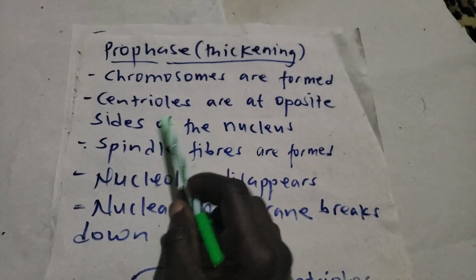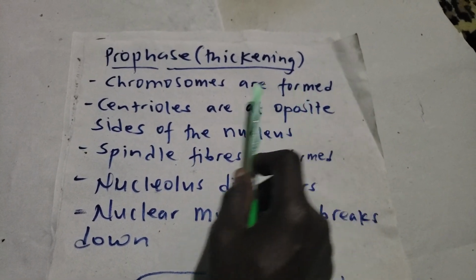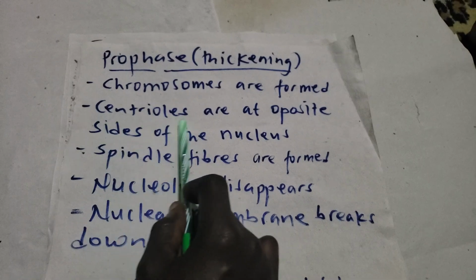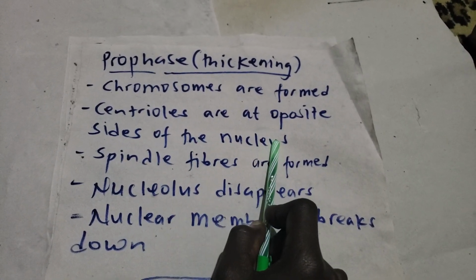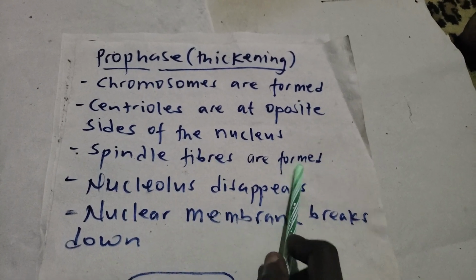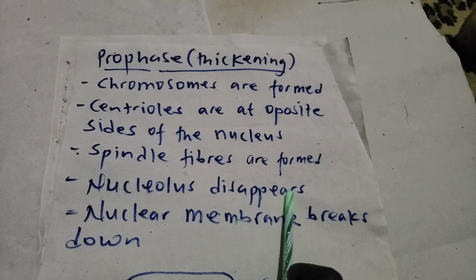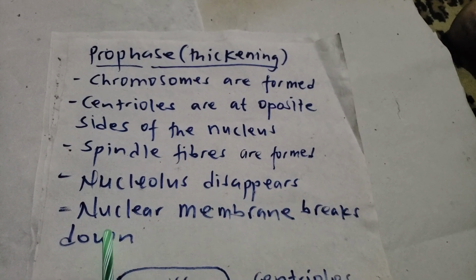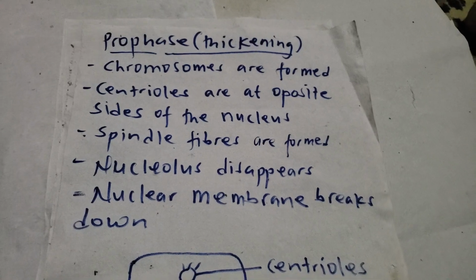So in this stage, we are seeing that chromosomes are formed. We are having that centrioles are at the opposite sides of the nucleus. We are seeing that the spindle fibers are also formed. We are seeing that the nucleolus disappears. We are saying the nuclear membrane breaks down.